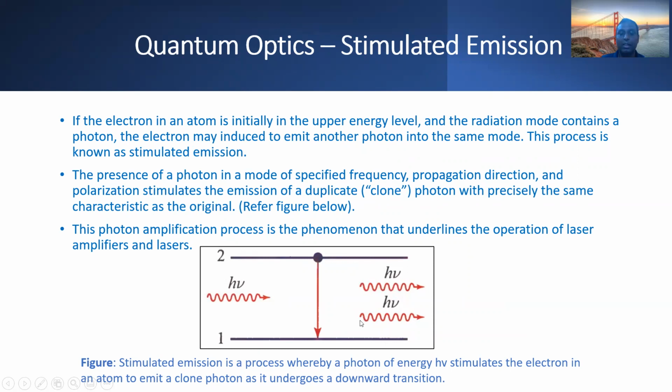So it will have the same energy level. The photon amplification process is a phenomenon that underlies the operation of laser amplifiers and lasers. So here in the figure, stimulated emission is a process whereby a photon of energy hν stimulates the electron in the atom to emit a clone photon as it undergoes a downward transition.